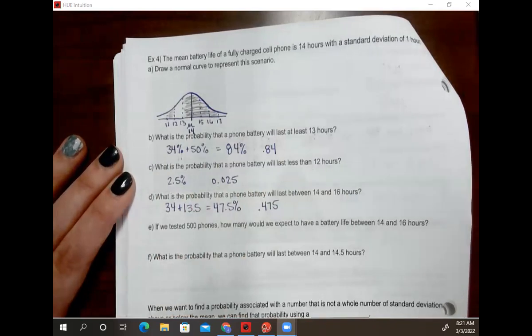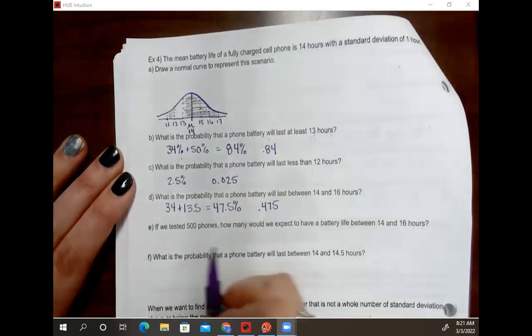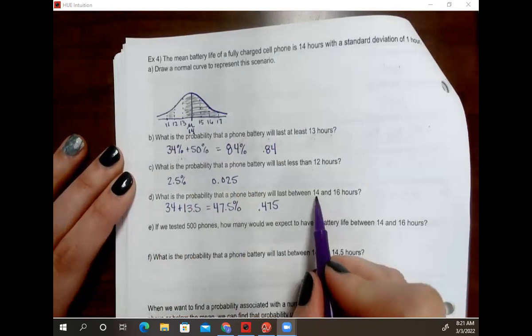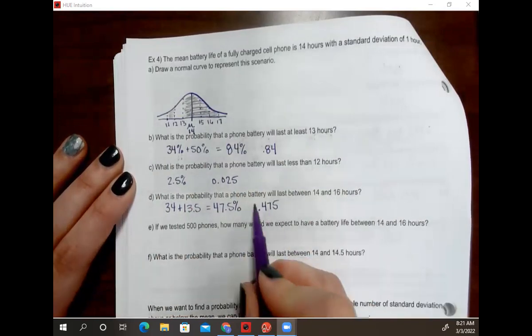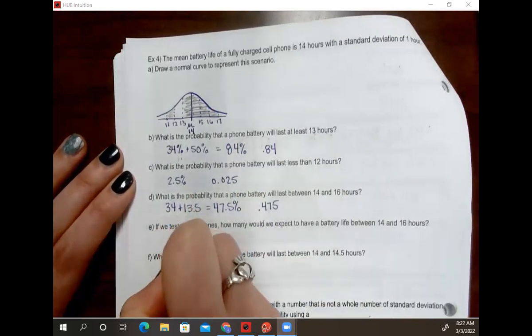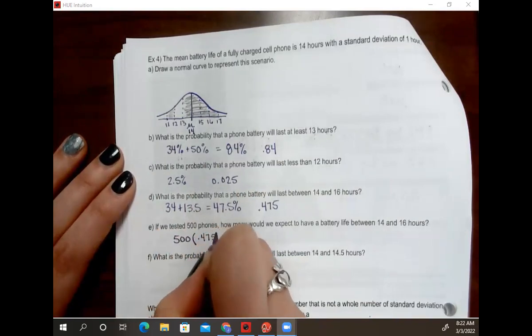Now let's take this information and apply it to a sample set. So if we test 500 phones, how many would we expect to have a battery life between 14 and 16 hours? Well, I know the probability that I have a battery life between 14 and 16 hours is 0.475. So if I test 500 phones, I want to find 47.5% of them.